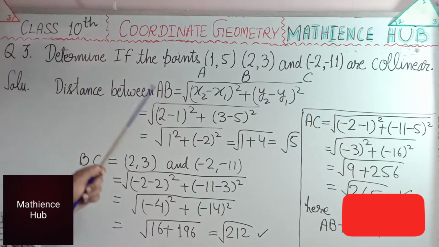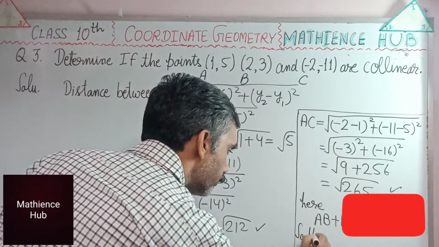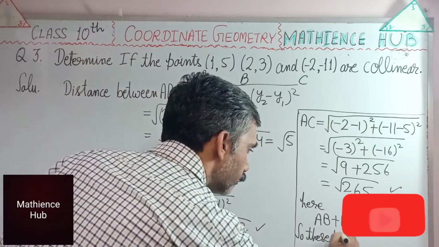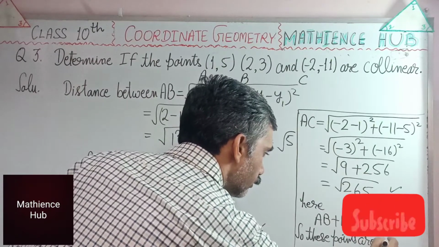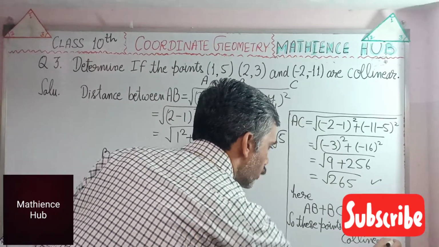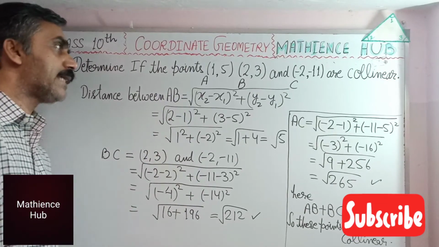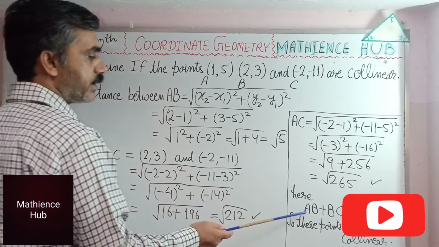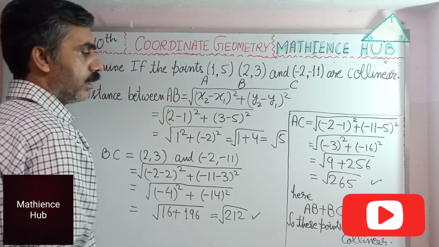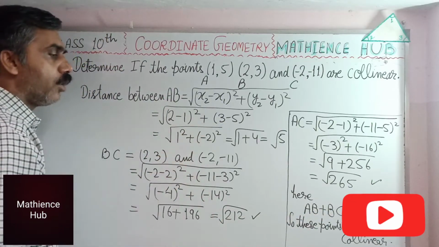So these points are not collinear. So checking the condition: when 3 points are given and we check collinearity, the sum of the distances of any 2 pairs of points is equal to the distance of the third. AB plus BC is not equal to AC, so these points are not collinear.